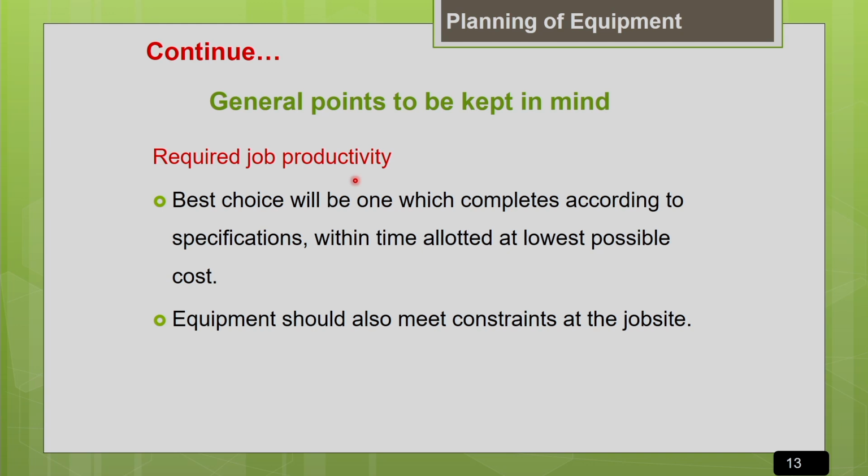The job site may be in a very remote place, so accessibility of the machine may be very critical. It may be at a very high altitude, the temperature may be very aggressive, or it may be a very cold place. All these conditions will affect your equipment selection, so they should be taken into account apart from the economics of your project.